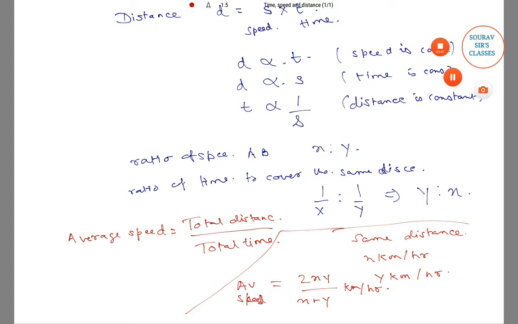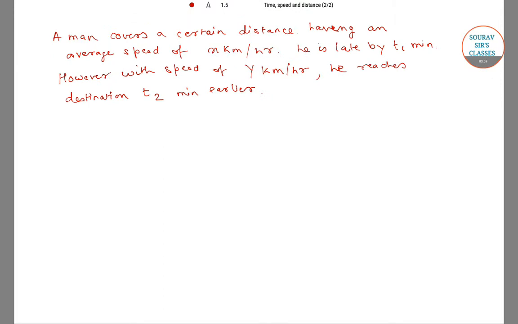There are some other important formulas that will be very useful to solve the problems based on time, speed and distance. The first one being, suppose a man covers a certain distance with average speed of x kilometer per hour and was late by t1 minutes. However, if the speed was y kilometer per hour, then he would have reached his destination t2 minutes earlier.